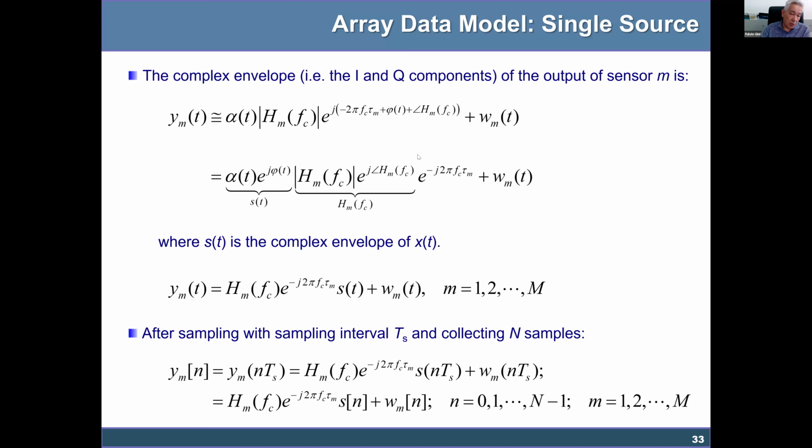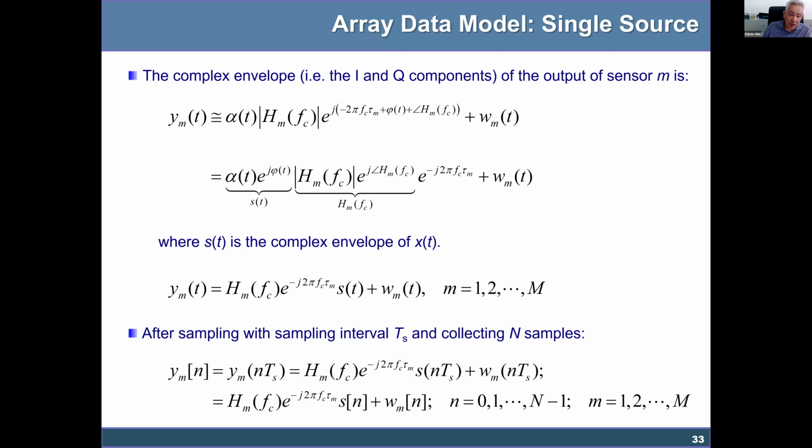Then you have phi of t, and then you have the phase shift induced by the sensor. So we can write these things together. This term here is the complex envelope of the received signal that I call S of t. So S of t is the complex envelope of X of t.